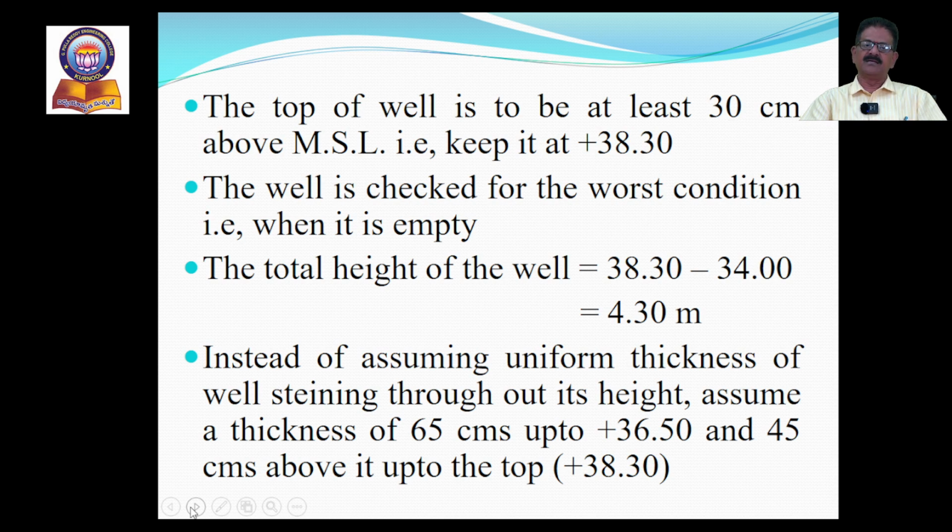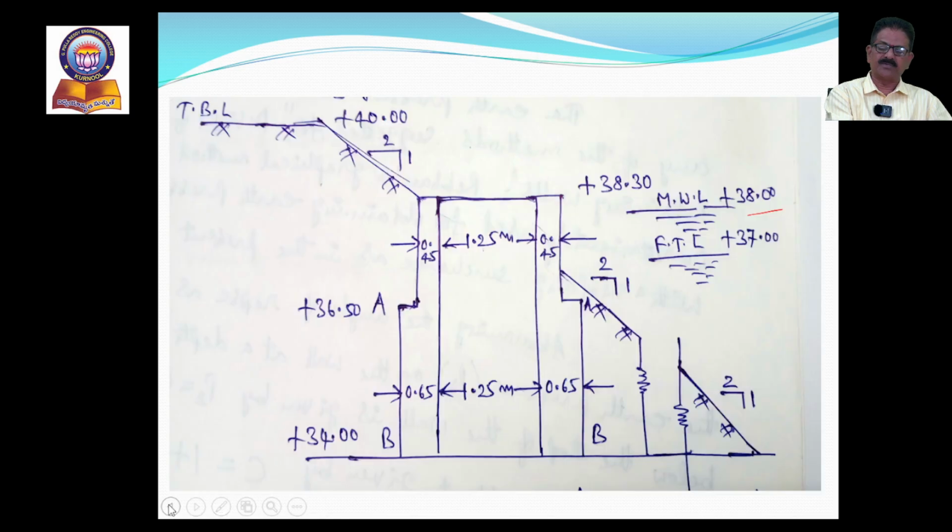Say, 65 centimeters for a certain height and 45 centimeters for a further height. For economic purpose, we have to choose like that. So in the present case, this is the total height of the well of 4.3 meters.